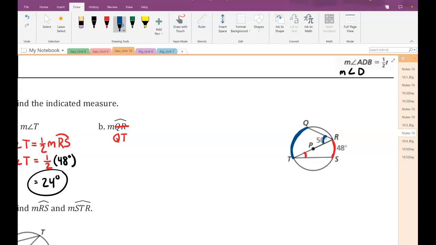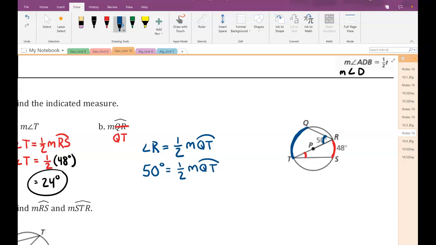But if you want to write it out so you can get comfortable with it, you would say angle R is equal to half of the measure of arc QT. And that's an arc, so we have our arc symbol. Then we just plug in what we know. We're given what angle R is. We're given that it's 50. So 50 equals 1/2 QT.